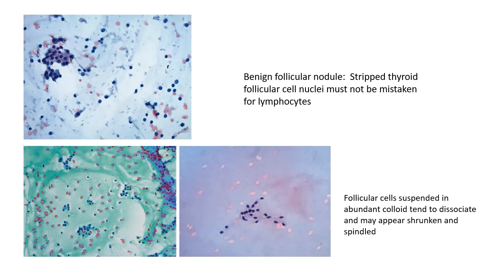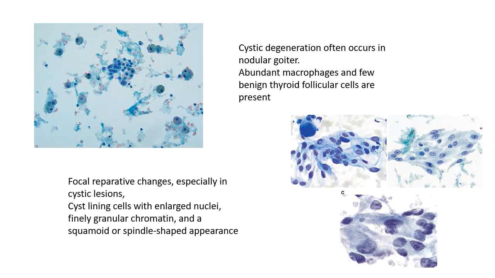In some nodular goiters, cystic degeneration can occur, and in cystic degeneration you can see abundant macrophages along with follicular epithelial cells. Colloid can be present and granular material will be present. So this is a case of colloid goiter with cystic degeneration. In some cystic nodules, you can have focal reparative changes in some of the follicular epithelial cells.